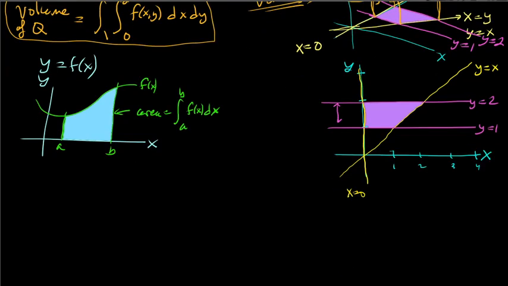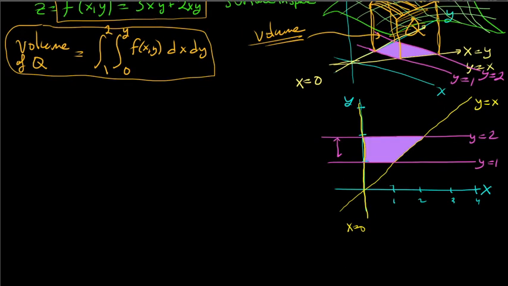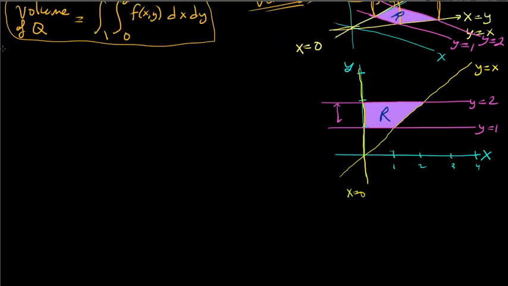So here's the idea. This region R here, forget the one-dimensional, we're doing the two-dimensional one. So this is the region R in the xy plane. How would we describe that region?